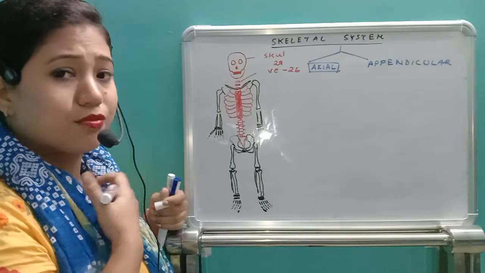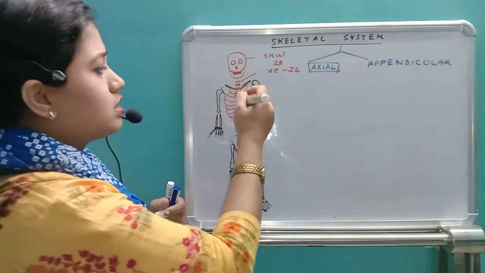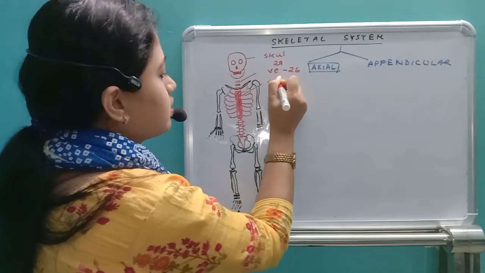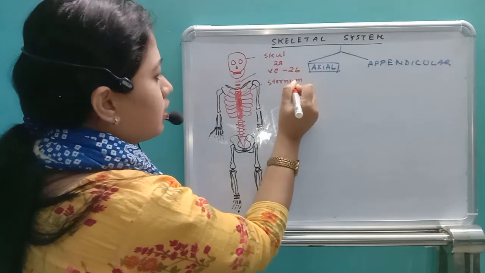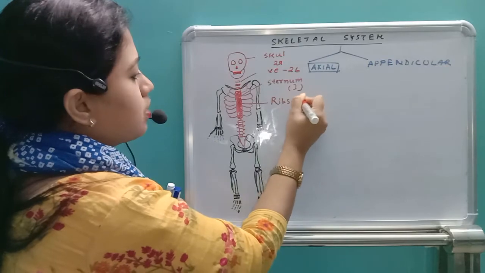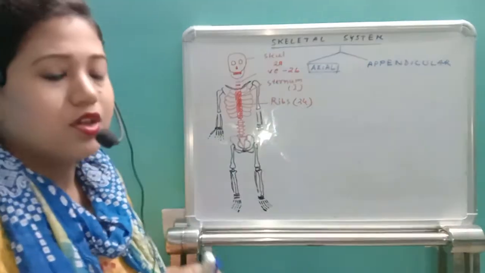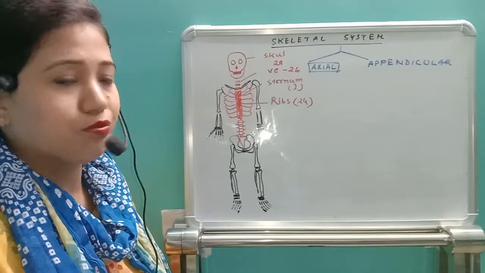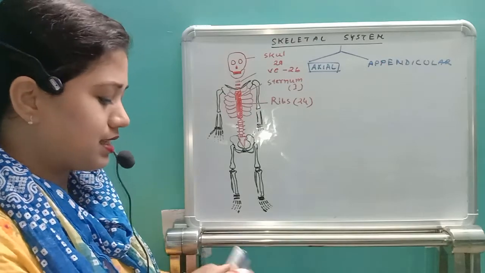Ventrally, from this region, we have the sternum. We have one single sternum. Then the ribs. How many ribs do we have? 12 pairs, so 24. So in total, how many bones do we have in the axial skeleton?